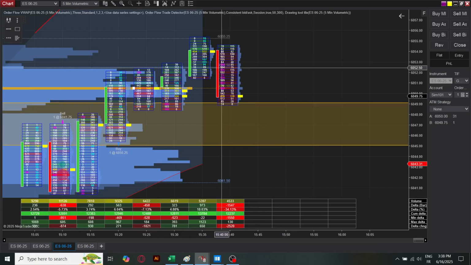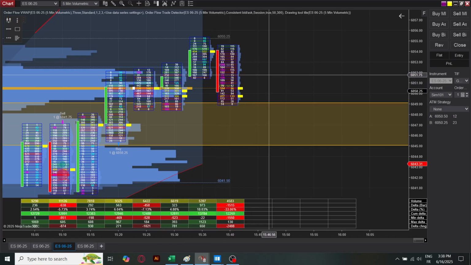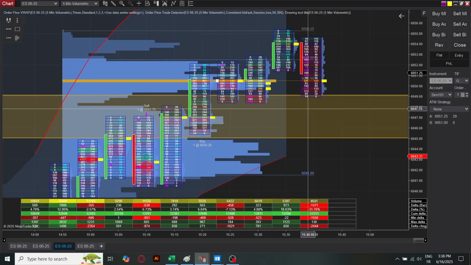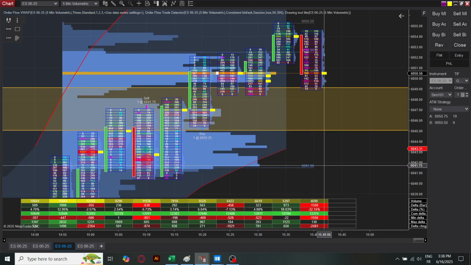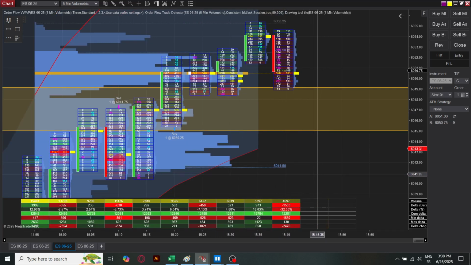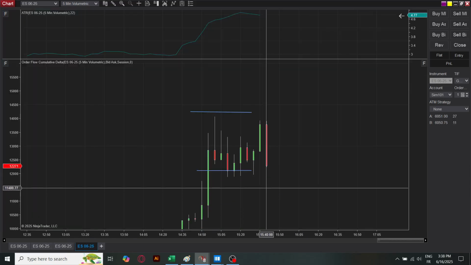There is this imbalance or stack of imbalances, and let me just see if it can close above this.